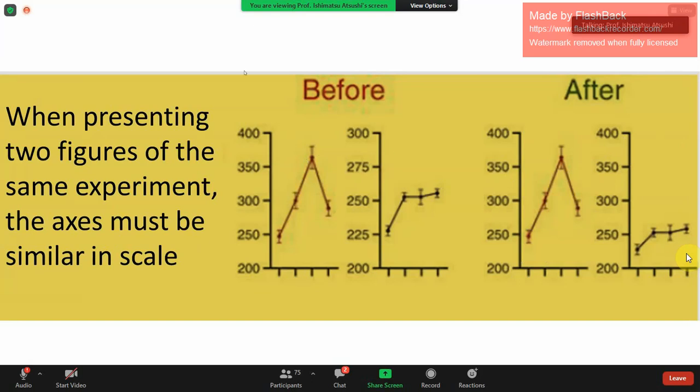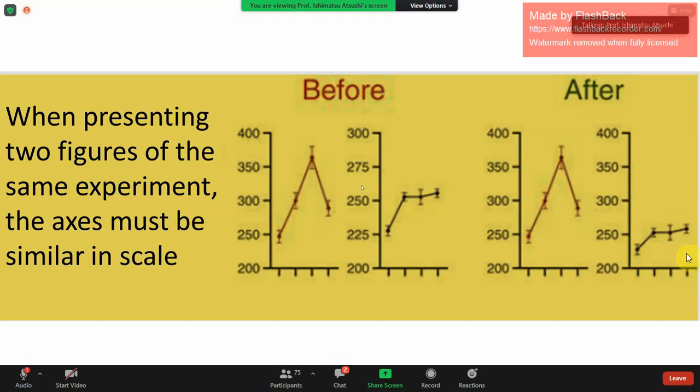As I said before, the y-axis starts from 200 and in one panel ends at 400, whereas the other one ends at 300, starting from the same value but ending at different values. Okay, this is no good.